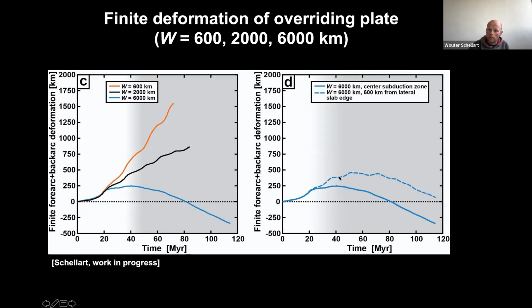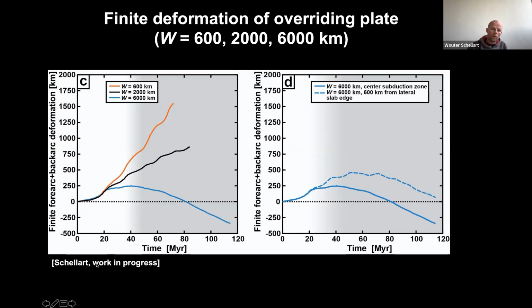And also we can see that there's a bit more periodic variability in terms of deformation if we look at locations close to the lateral slab edges. So the negative slope basically indicates shortening in the overriding plate, but here we see this positive slope indicates the short period again of extension. And here we have a negative slope indicating shortening, and here we might have this very short phase of extension again in the overriding plate.